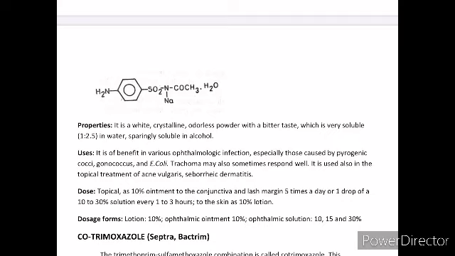So you can remember sulfacetamide is for ophthalmologic infection, especially caused by pyogenic cocci, gonococcus and E. coli. Trachoma may also sometimes respond well. This is also used in the topical treatment of acne vulgaris and seborrheic dermatitis. The dosage forms: lotion, ophthalmic ointment 10%, ophthalmic solution 10, 15 and 30%.